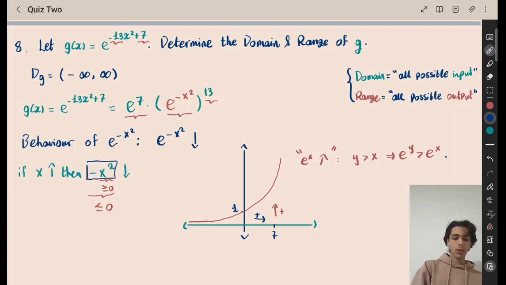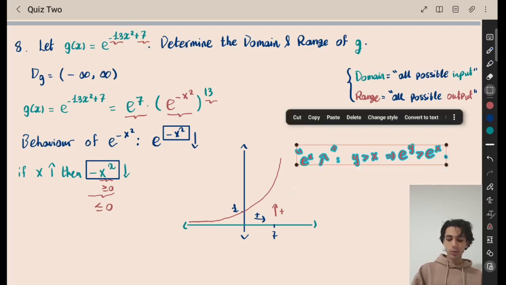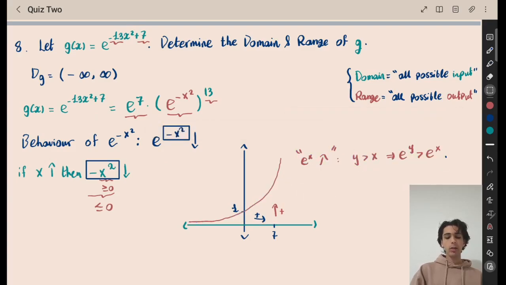So when this box decreases, then e to the box also decreases. This is what I really want to emphasize. Whatever is going on in this box, if it's decreasing, then e to the box is decreasing, and vice versa. This is just by what we have here, and just by looking at the graph.